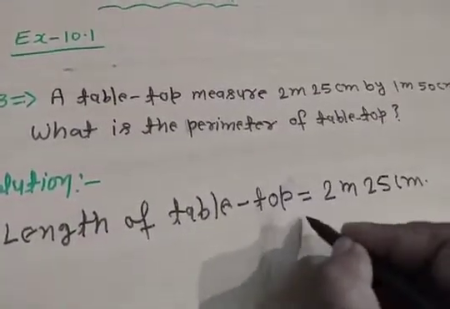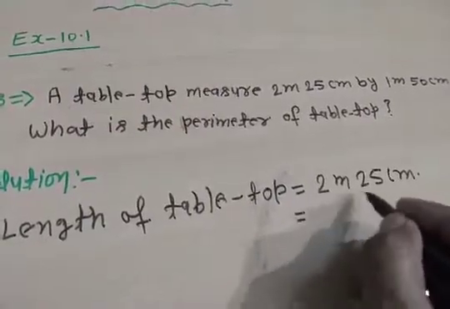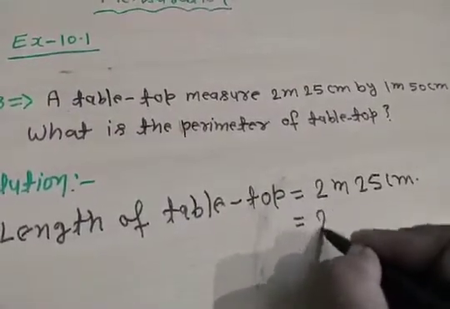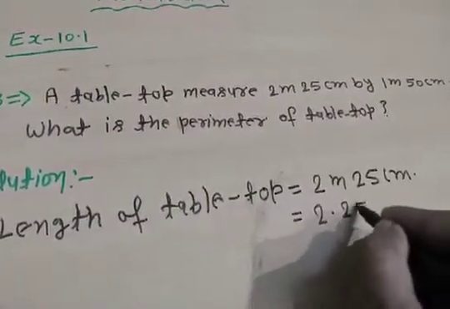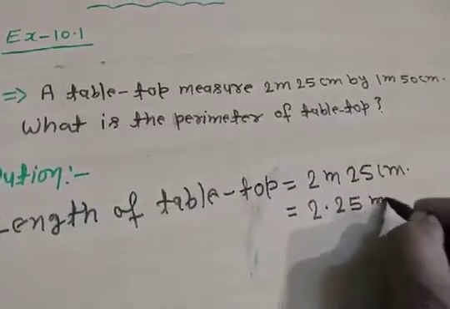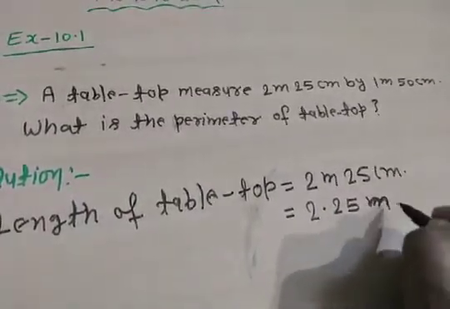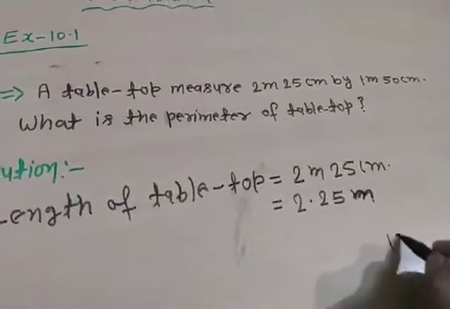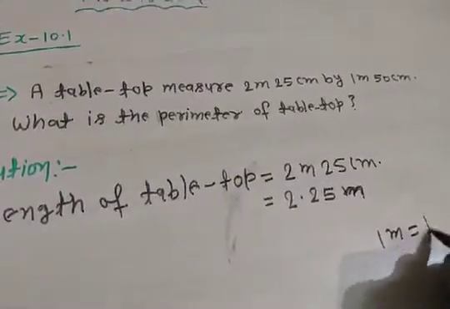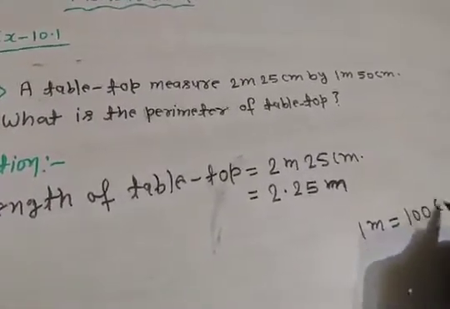You can change it into meters, so you obtain 2.25 meters, because we know that 1 meter is equal to 100 centimeters.